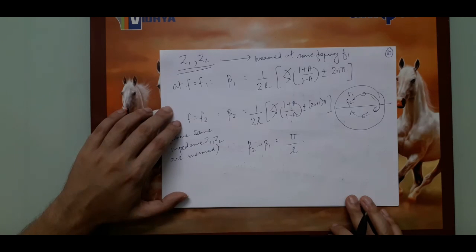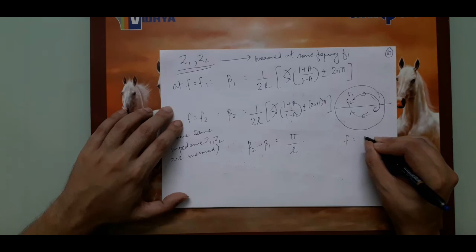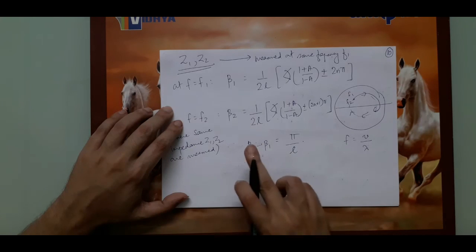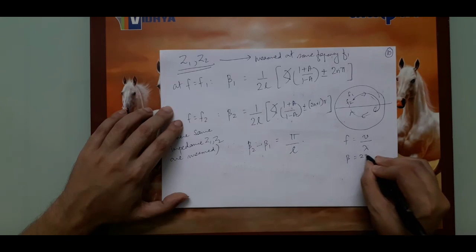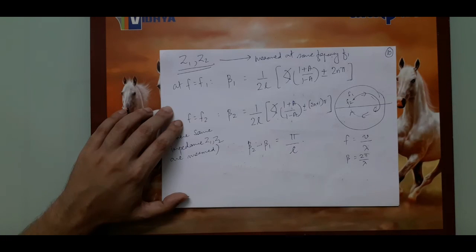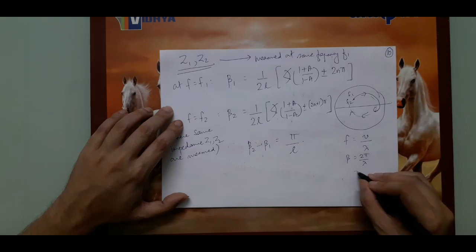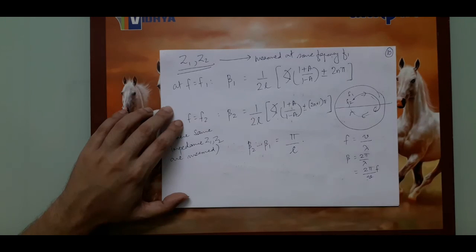Substituting for beta in terms of frequency, you know that the frequency is nothing but the velocity in the transmission line divided by the wavelength, and beta is nothing but 2 pi by lambda. So in terms of frequency, beta is nothing but 2 pi f by v.